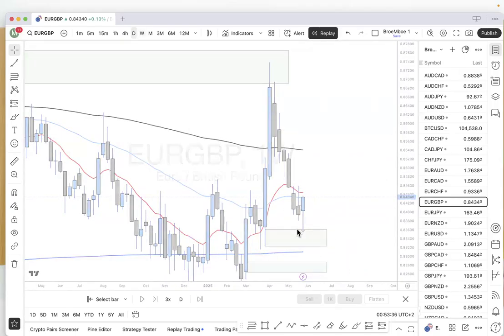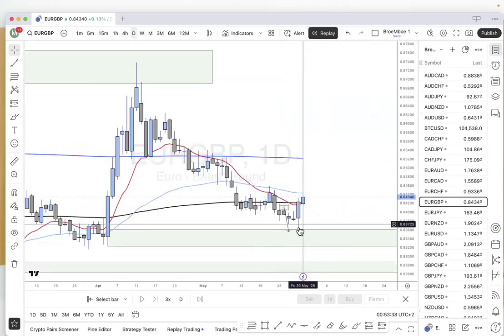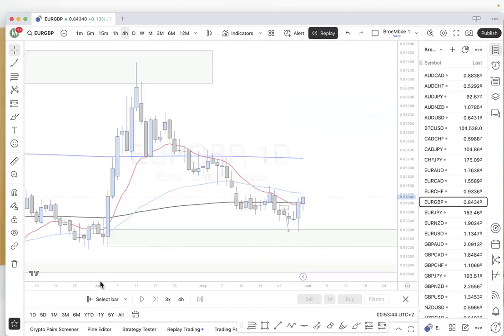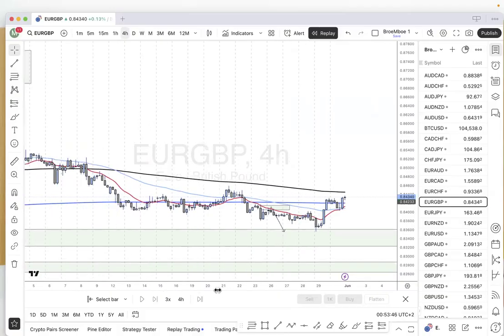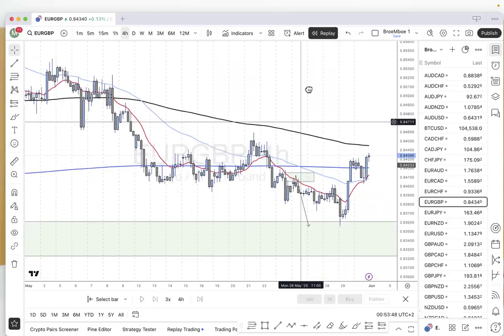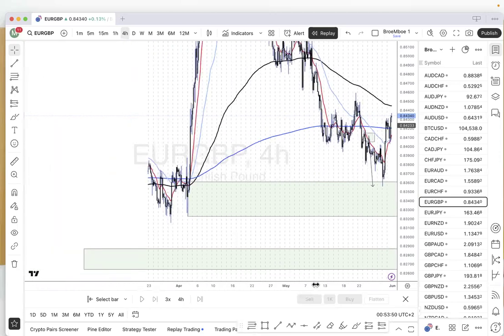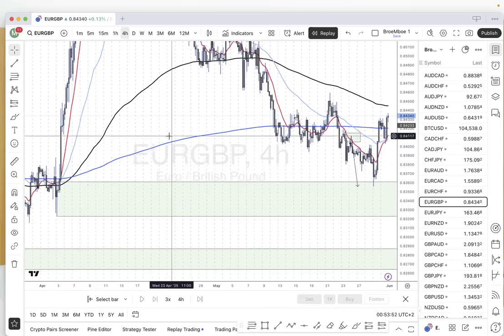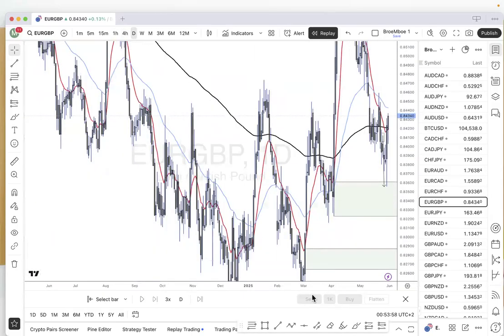So I expected it to turn around from there. And if I had entered aggressively there, this was going to be one of the best entries, I think, because it came exactly where I expected it to come to. This was based off, I think, the 4-hour time frame, if not the D1.